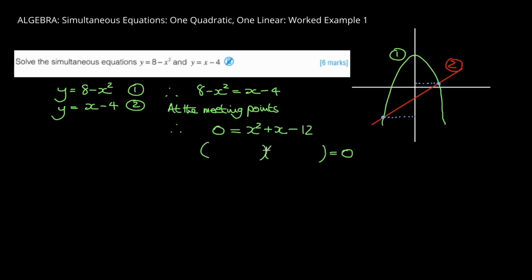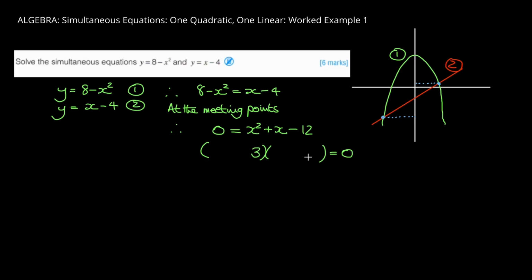Generally in these questions, they're not going to be so mean because we've got other work to do to involve the quadratic formula. And I think you can see that this is going to be a fairly easy answer. The multiplication of 12 is 3 and 4, the difference being 1.